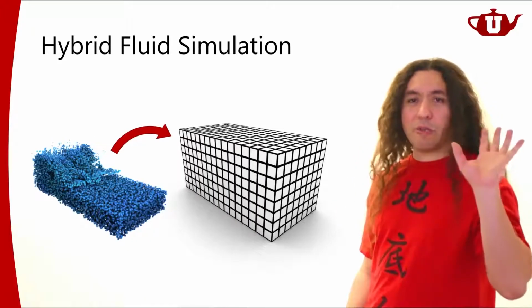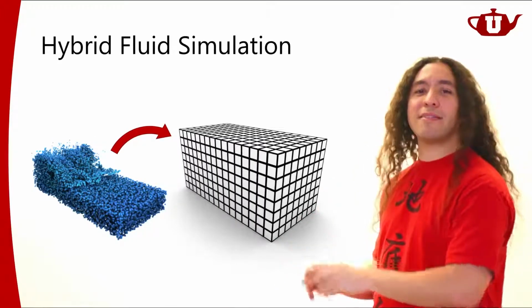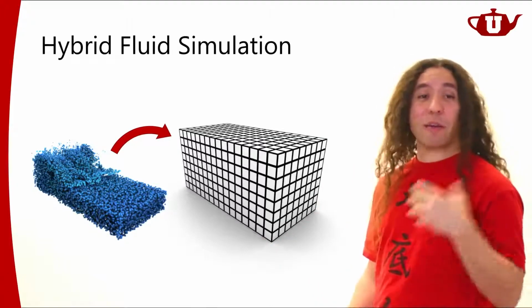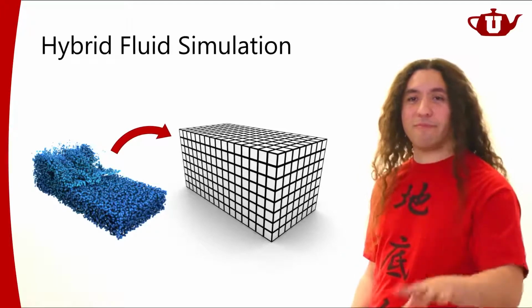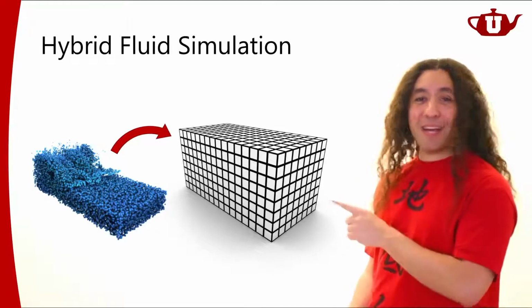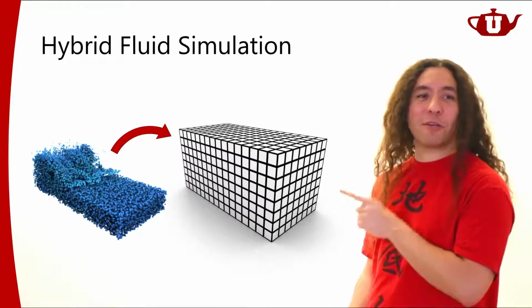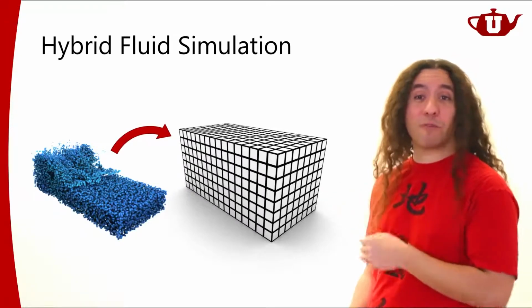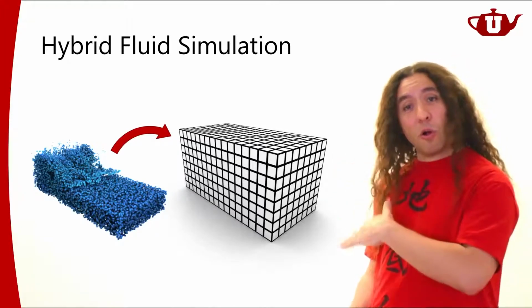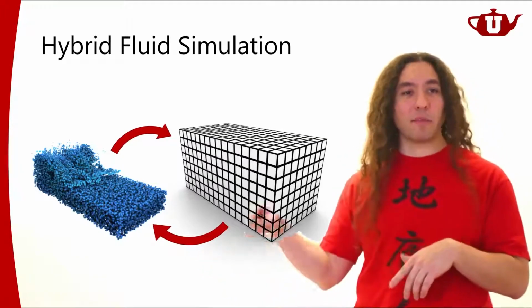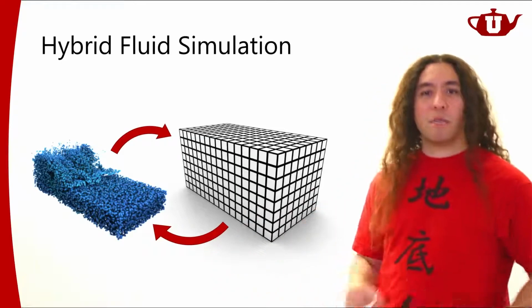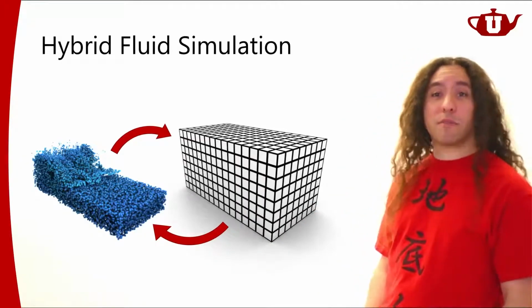I'm not going to get into the details of how a given velocity field can be converted into a divergence-free velocity field. Mathy details I'm skipping. But just trust me when I tell you that it's fairly easy to do using grid-based formulation. And once I solve these velocities, then I can update the velocities of the particles. I can project them back to the particles. So this is pretty much how the hybrid fluid simulation works.